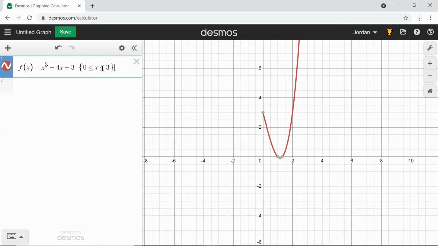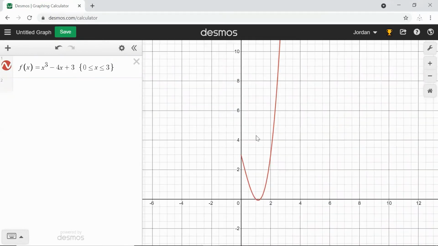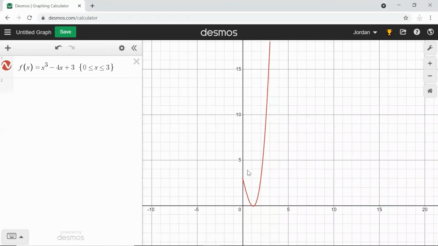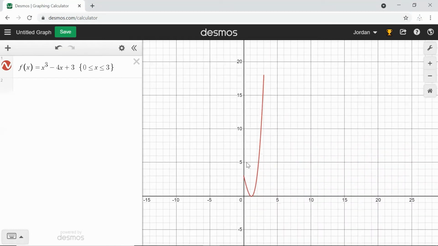If I do that, you can see how this goes. We see that my graph starts up here at the point 0, 3. Then it goes down to a certain low number here. And then it goes all the way up to this top number.